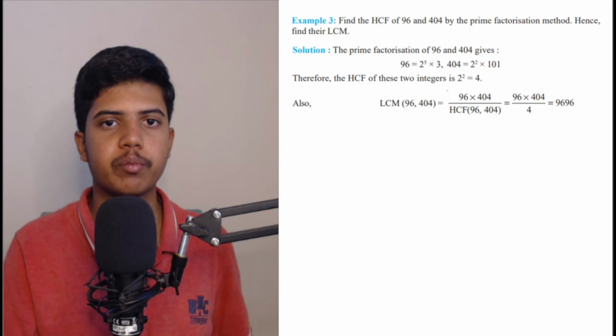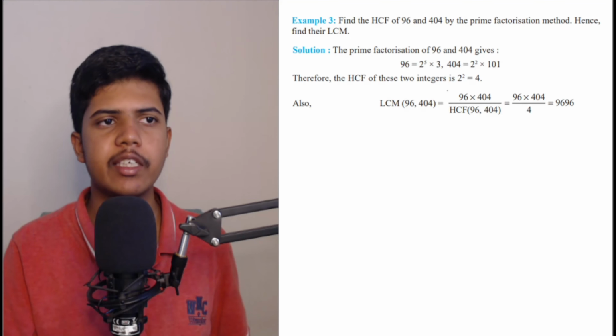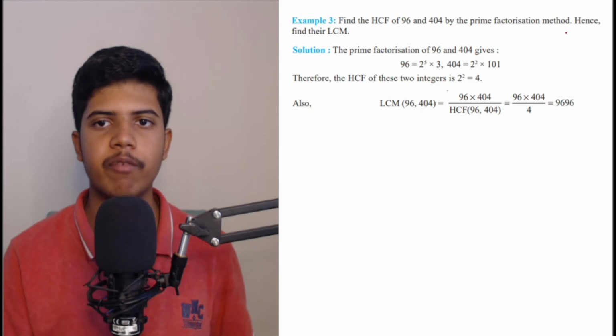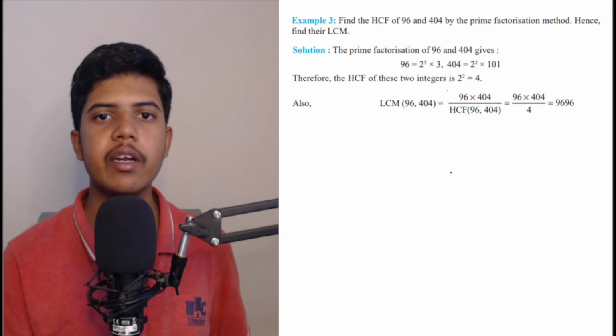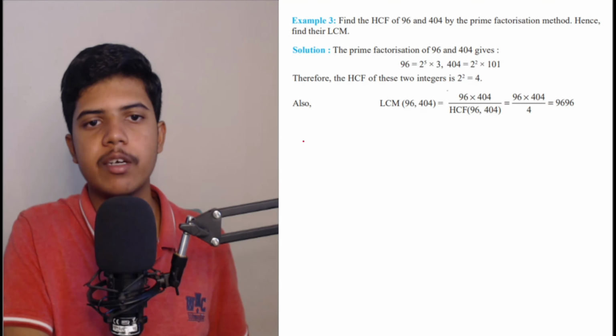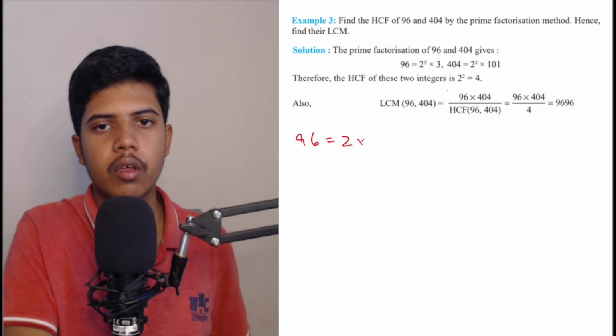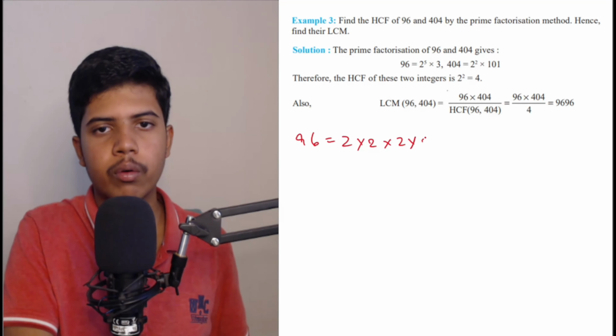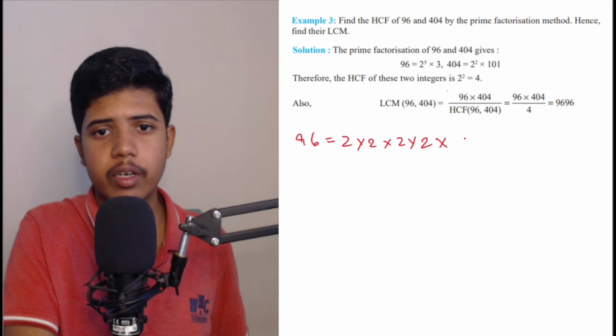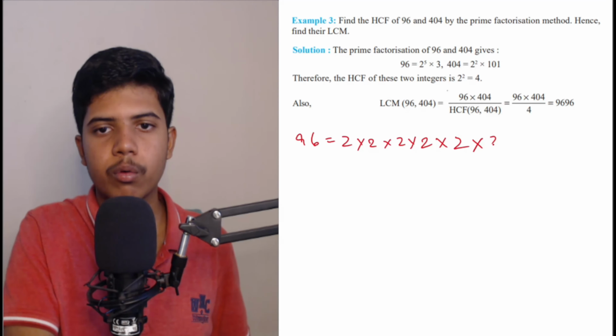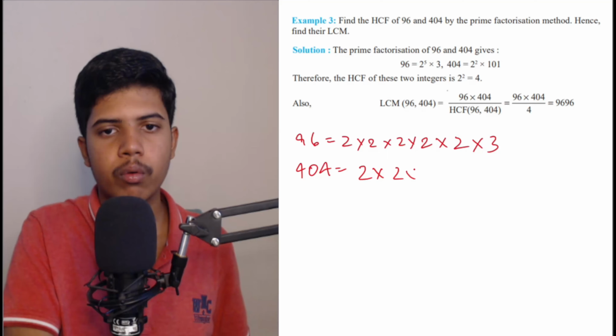The next one, find the HCF of 96 and 404 by prime factorization method, hence find their LCM. Now you need to find the HCF, so you can just write it in terms of products of primes. So 96 can be written as 2 into 2 into 2 into 2 into 2 into 3, and 404 can be written as 2 into 2 into 101.